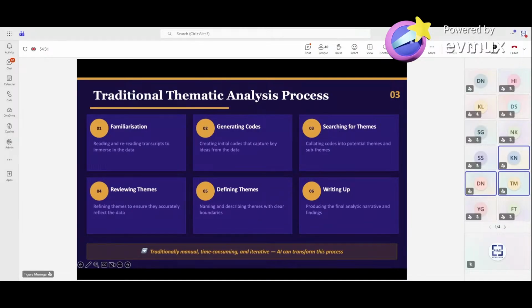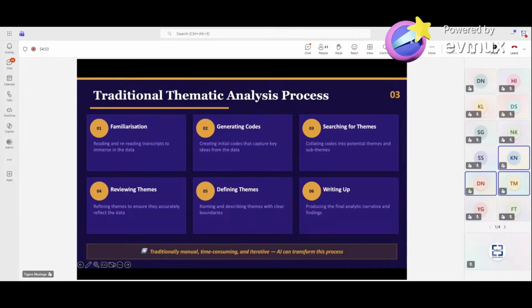For researchers with large data sets, you've done your interviews, there are 100 or 1,000 of them, doing the traditional manual, time-consuming and iterative thematic analysis process will take you ages to complete, right?